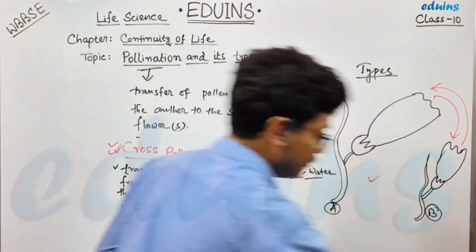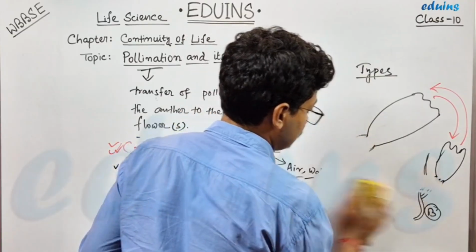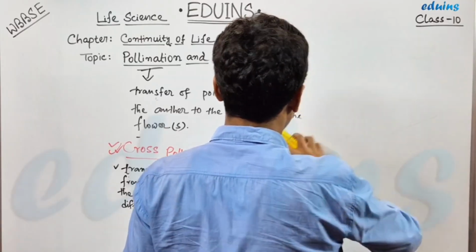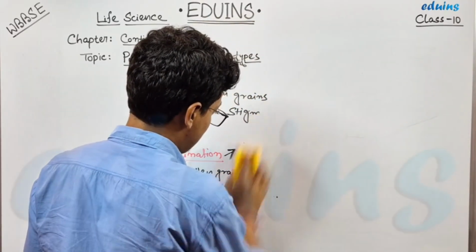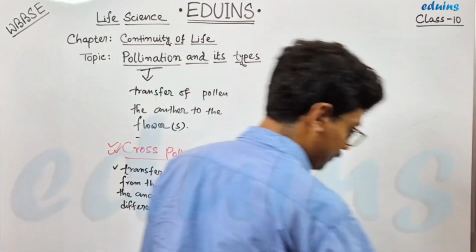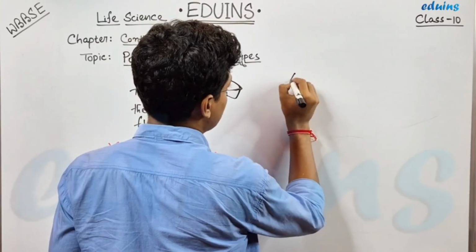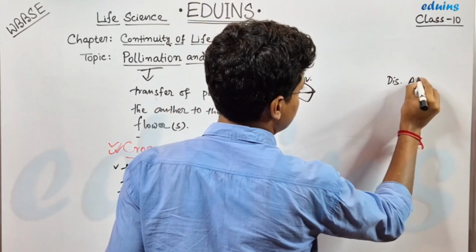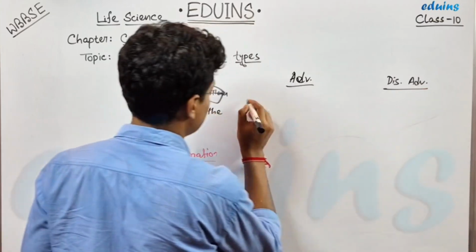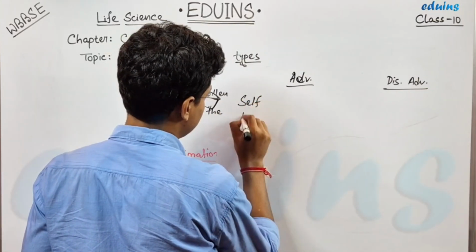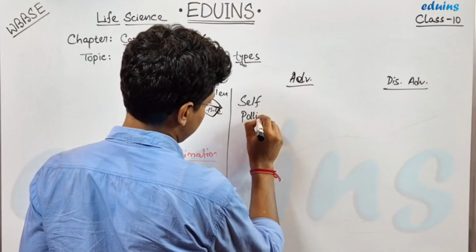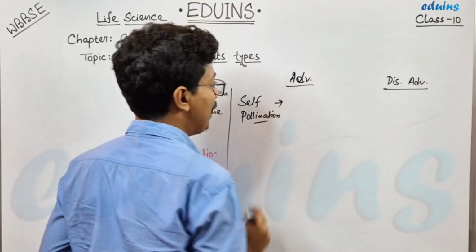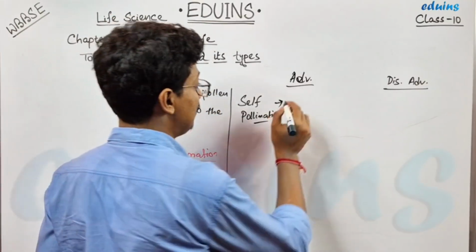In self-pollination, first the advantage: self-pollination is more efficient because it does not need any agent.